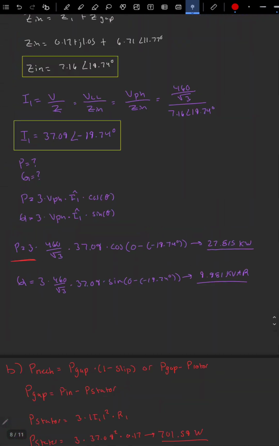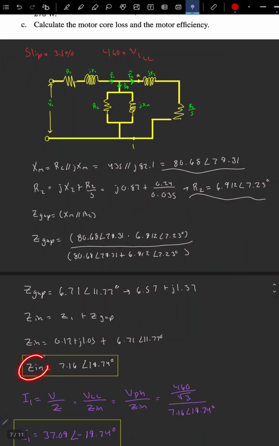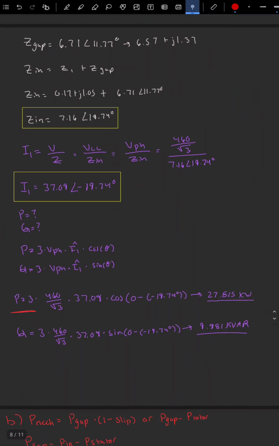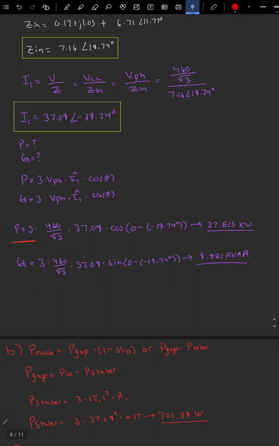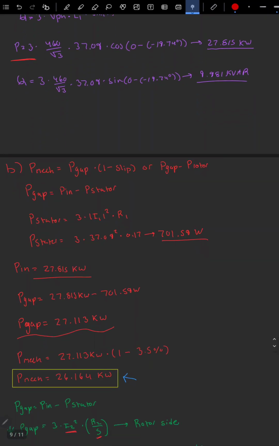So just to recap, we found Z in by just regular impedance simplifications. We found our I1, then we found our power and reactive power. We found our mechanical power by P-gap.